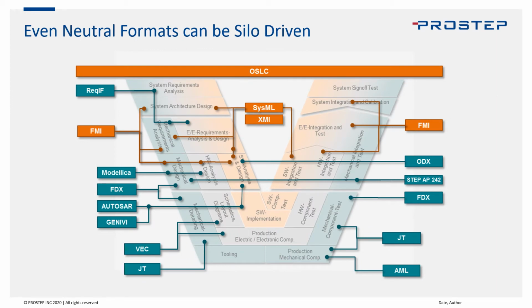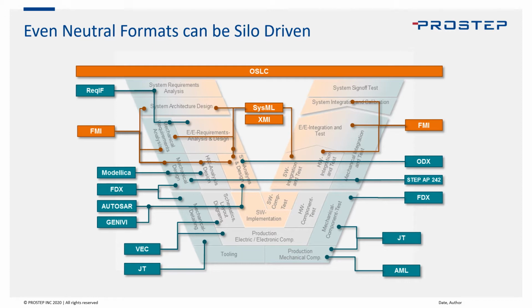So, we see that even with the neutral formats, they're largely silo driven, right? If you're working within a single domain, typically you have a methodology of exporting and importing this data between different systems.